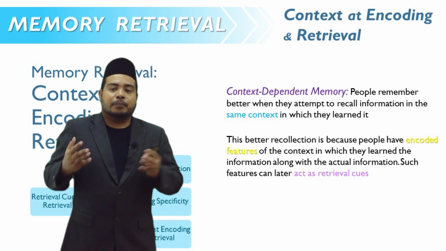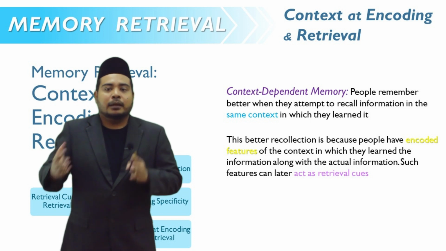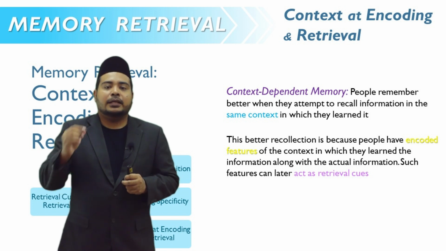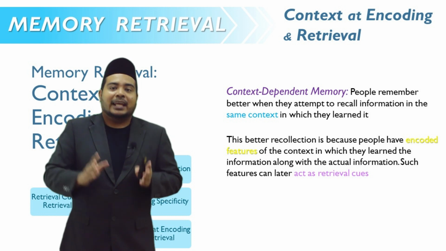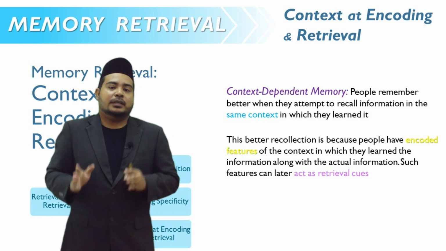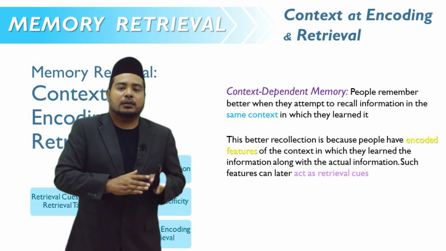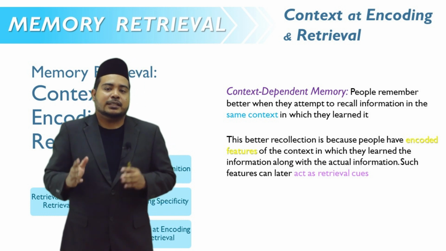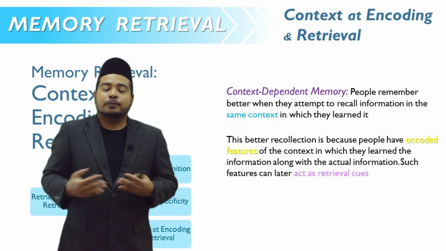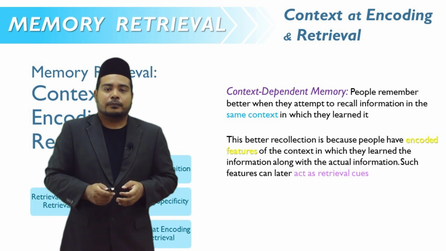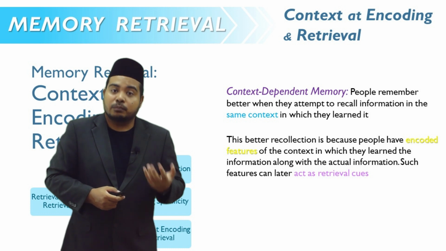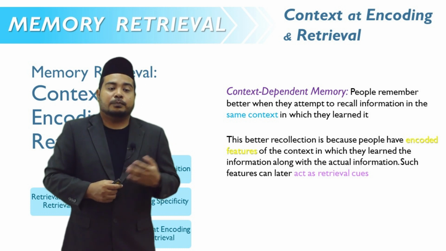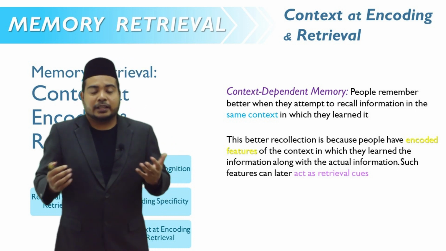This better recollection happens because people have encoded features of the context in which they learned the information along with the actual information. Such features can later act as retrieval cues. That will also include some aspects of emotion, aspects of people, aspects of objects that we use.